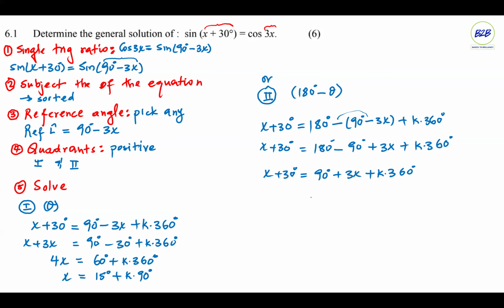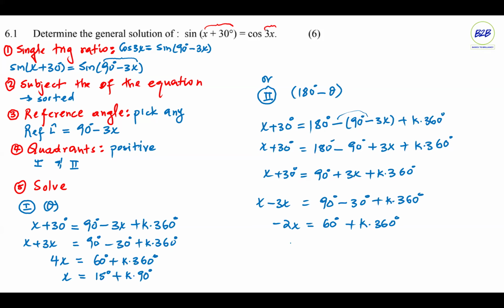The 3x on the right-hand side comes to the left-hand side and becomes negative 3x. The 30 degrees on the left-hand side of the equation comes to the right-hand side and becomes negative 30 degrees plus k times 360 degrees. x minus 3x is minus 2x, 90 degrees minus 30 is 60 degrees plus k times 360 degrees.